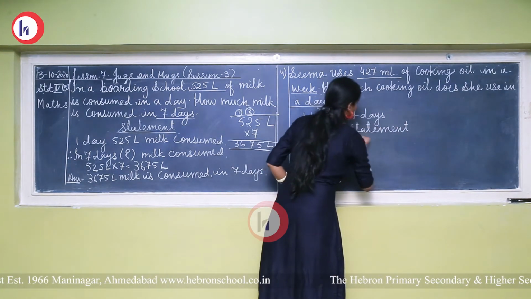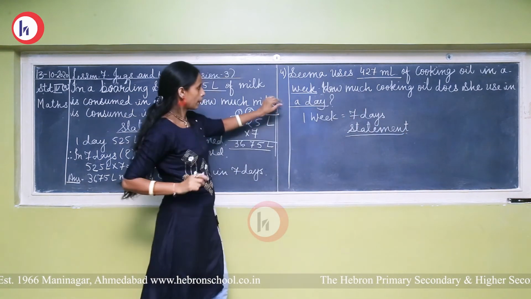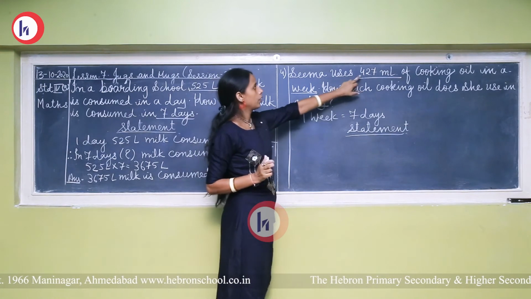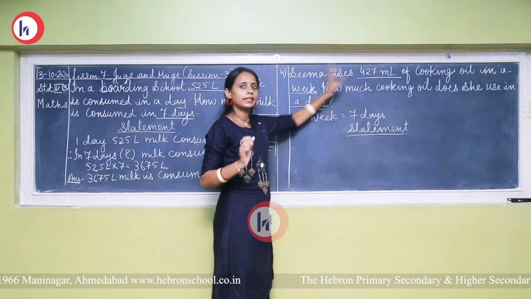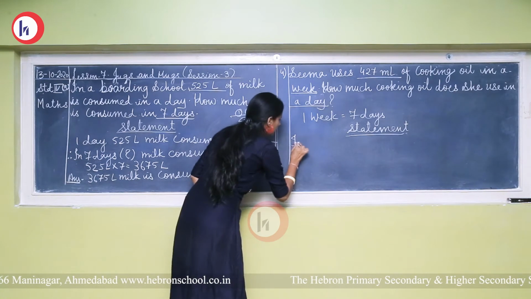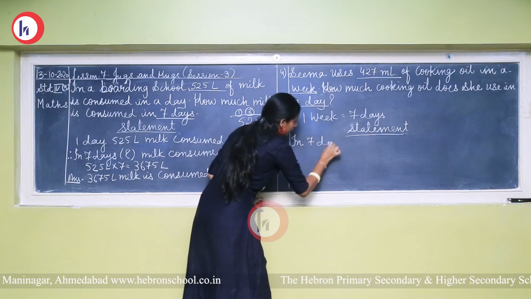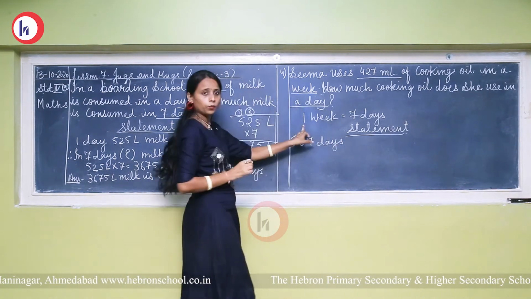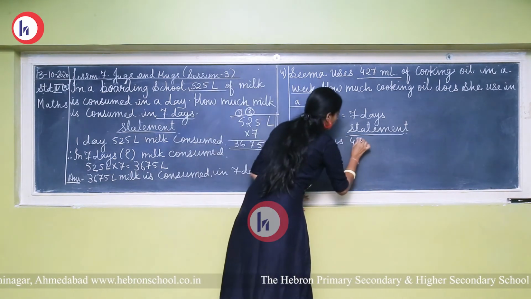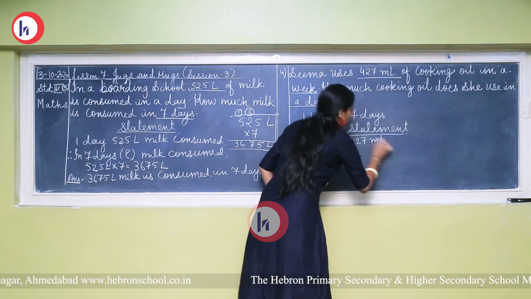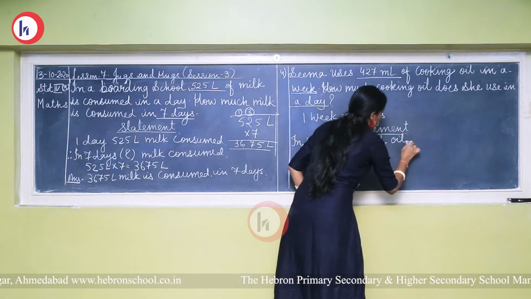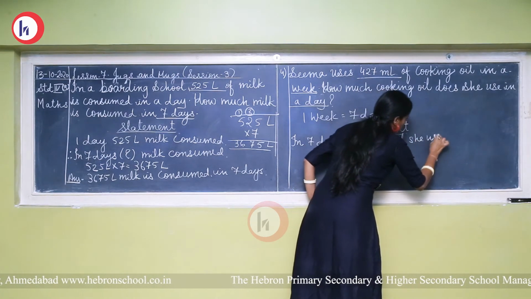Now, in 7 days, 427 milliliter cooking oil she used. In 7 days means 1 week. In 7 days, 427 milliliter oil she uses.